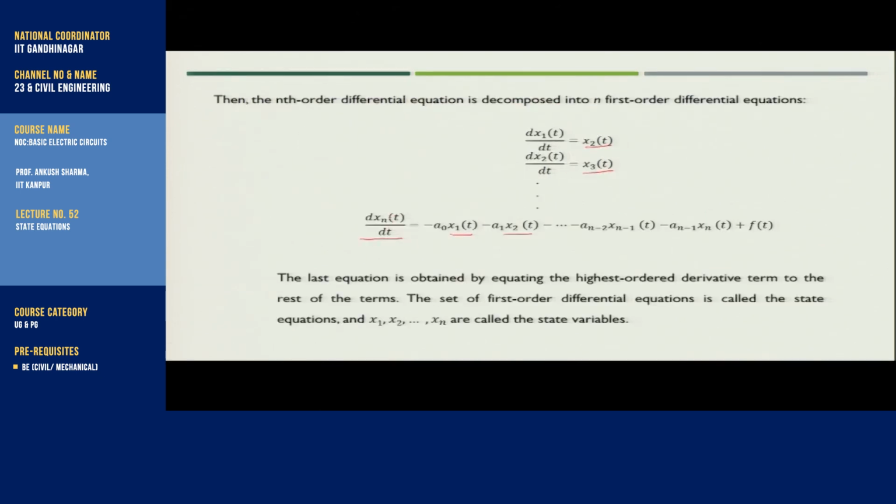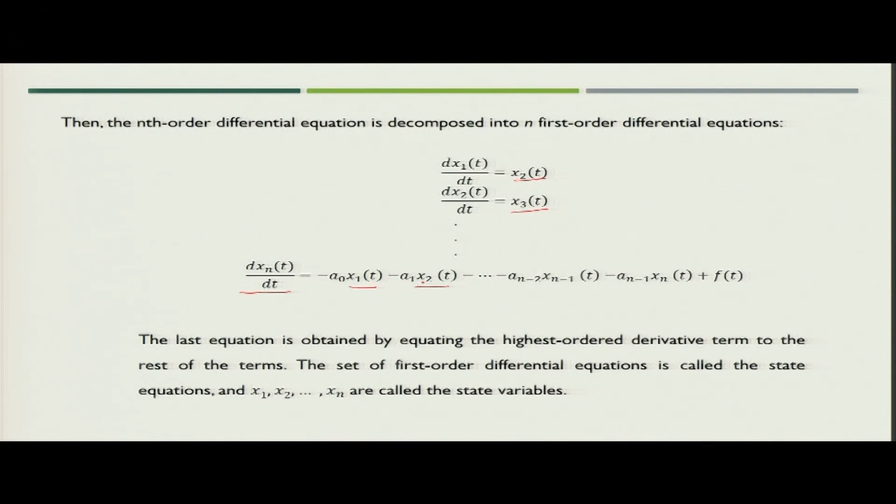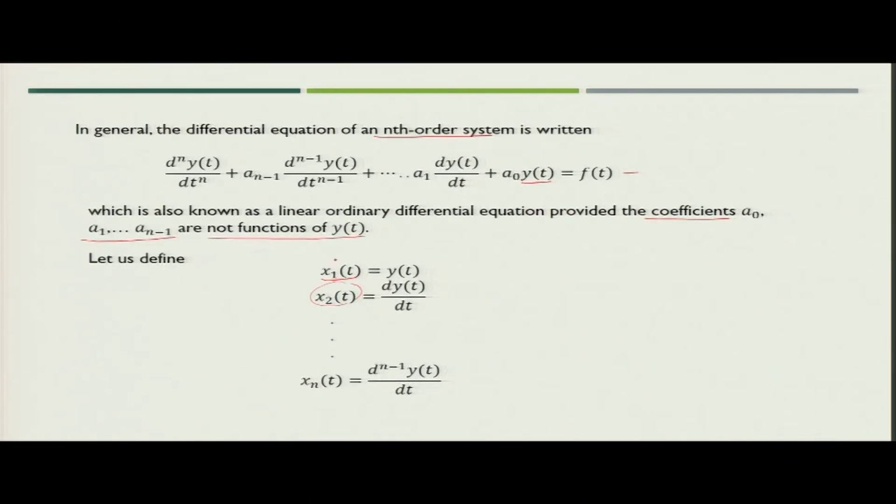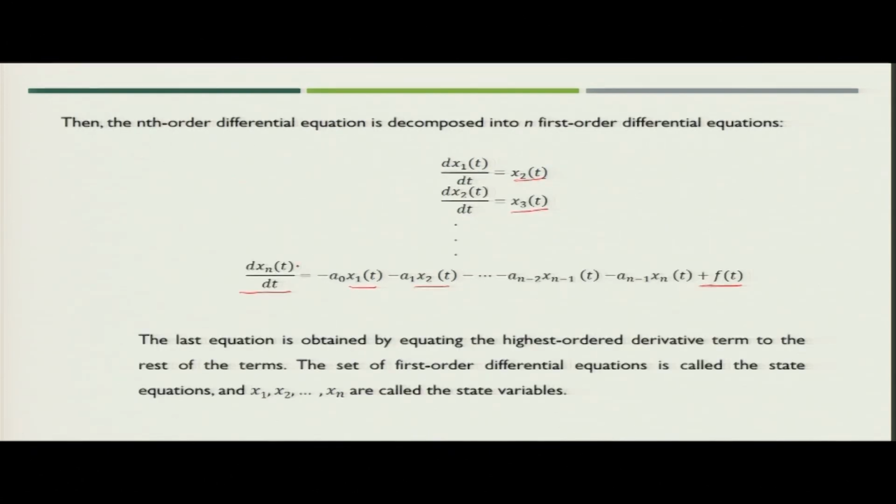So, dx n t by dt can be represented as minus a naught x 1 t minus a 1 x 2 t and so on, and at the last you will get plus f t. Whatever we have considered as new variables, we have put into this equation, and when we simplify, we can write dx n t by dt as the summation of other components.